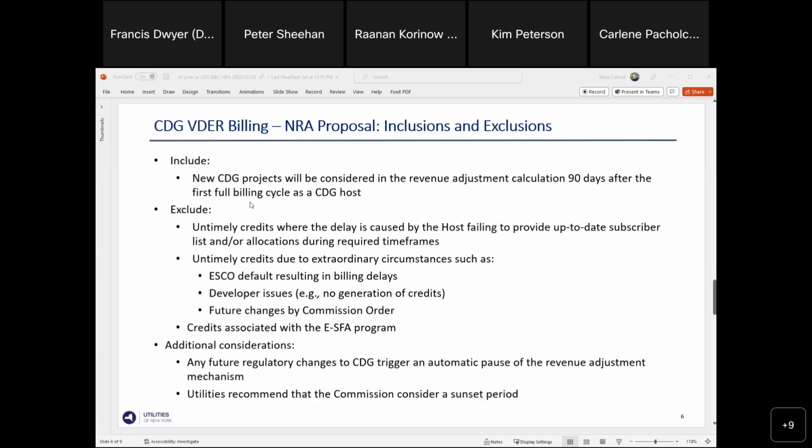So we can build a process and some capability in NIGATS so that staff can have a transparent and accurate way of tracking exactly which CDG projects are in play for the metric. I know this would take some work, but I'd like to at least get your initial reaction. Thanks.